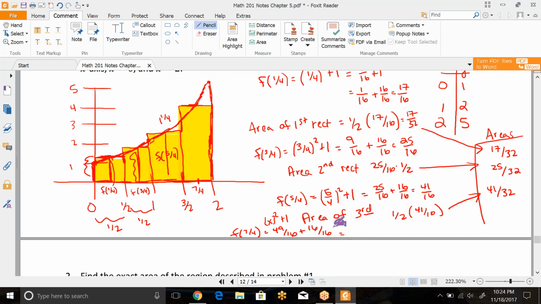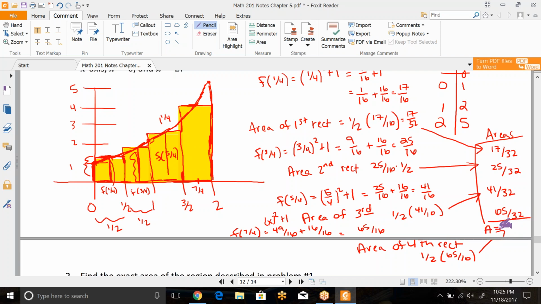This would be 15, carry the 1, so that's going to be 65 over 16. So my area of my fourth rectangle is 1/2 times 65 over 16, which is going to be 65 over 32.